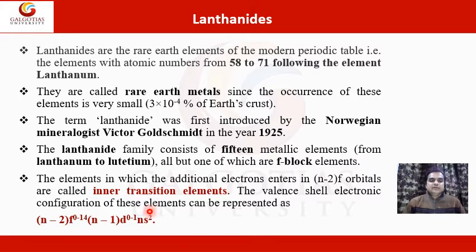Further, the elements in which the additional electron enters the n-2 f orbitals are called inner transition elements, and the valence shell electronic configuration can be represented in general as n-2 f 0 to 14 electrons, n-1 d 0 to 1 electron, ns2. This is the general electronic configuration for these inner transition elements.